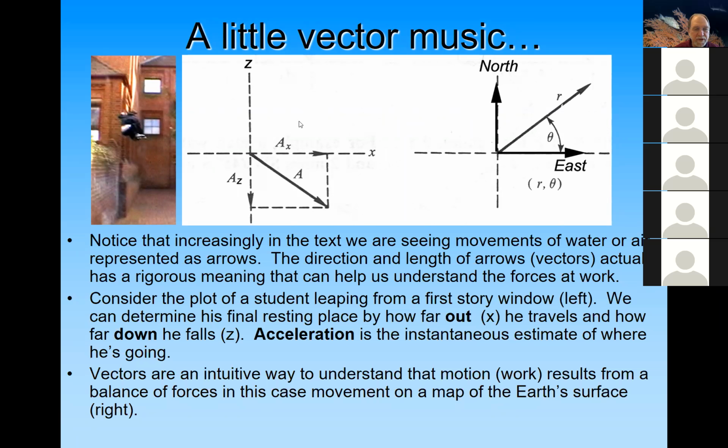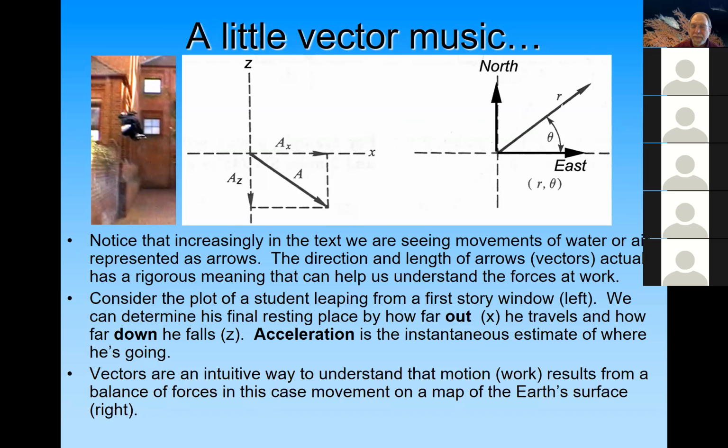So that acceleration in the x direction is represented by this acceleration, ax. He's also accelerating at every moment due to gravity. The acceleration of gravity is constant. The initial acceleration is caused entirely by the propulsive force of him leaping off of this wall.